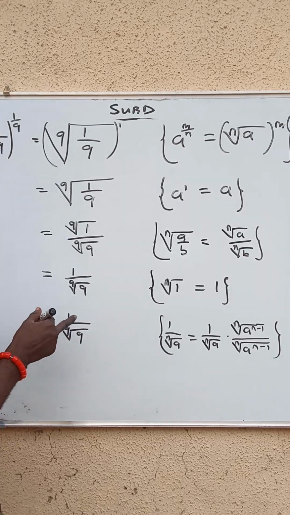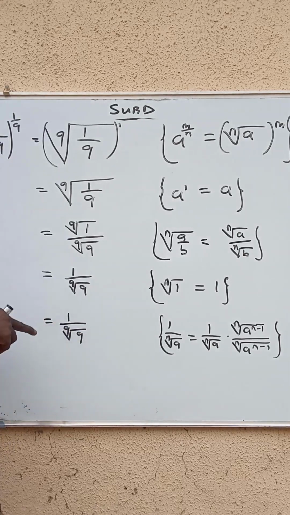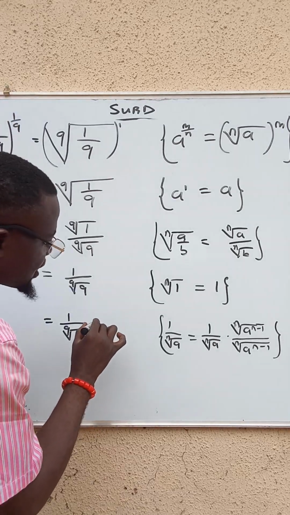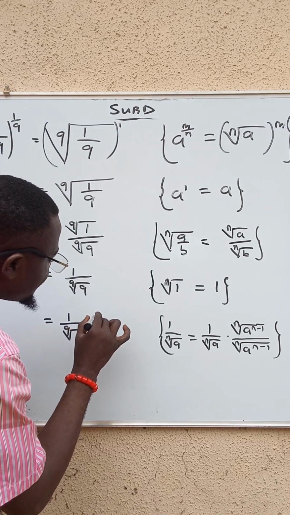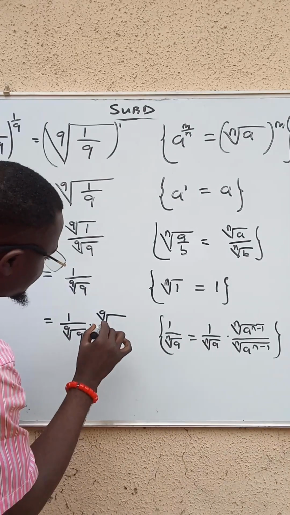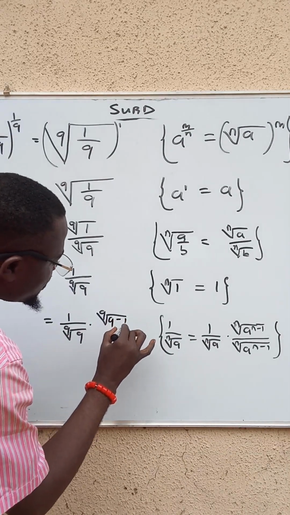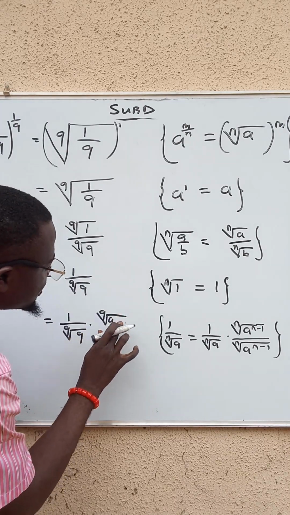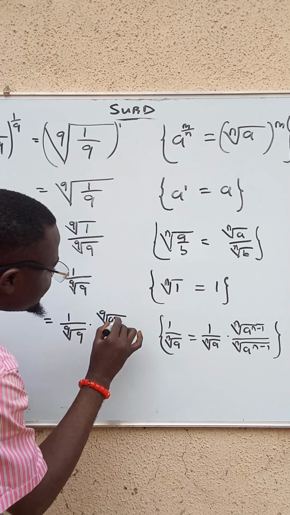It will now give me, since I'm working on this now to get this, the 9th root of 9 minus 1 over the 9th root of 9 minus 1.